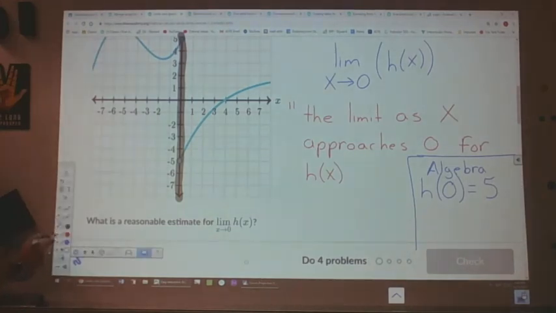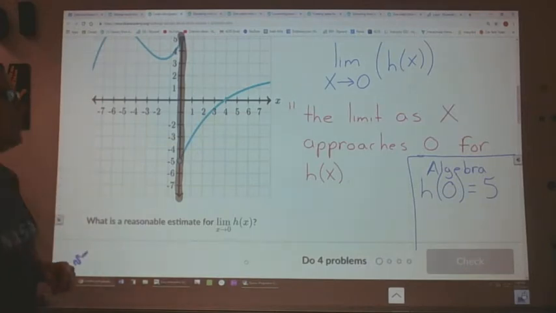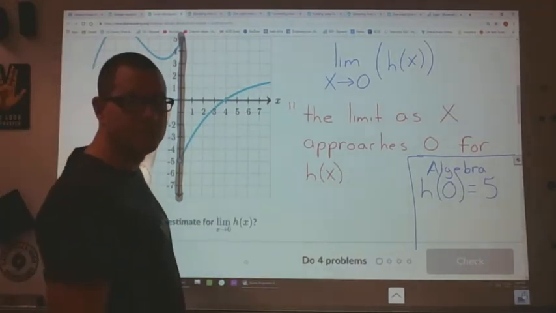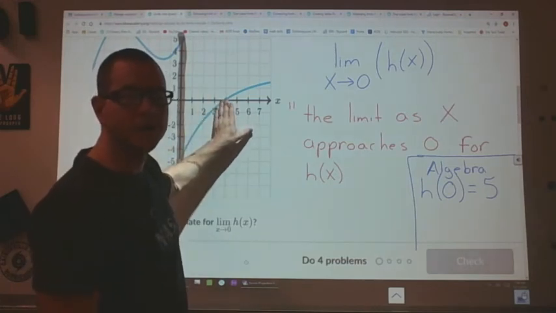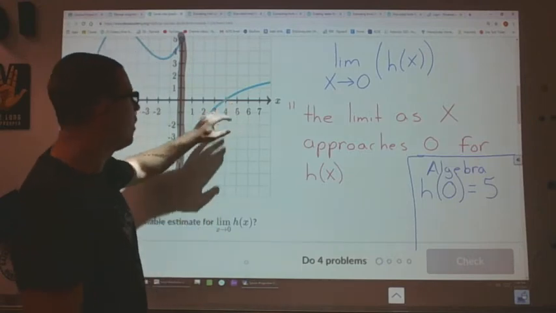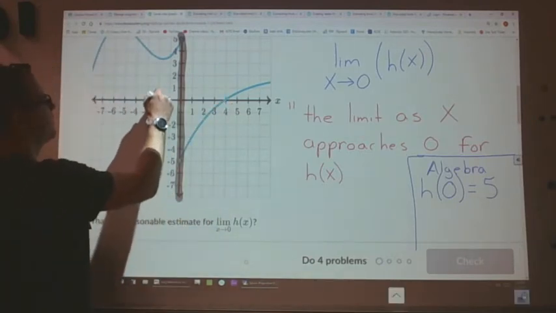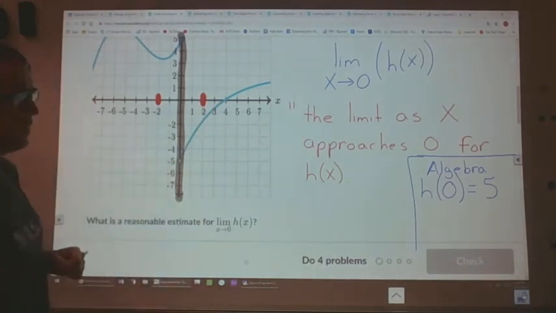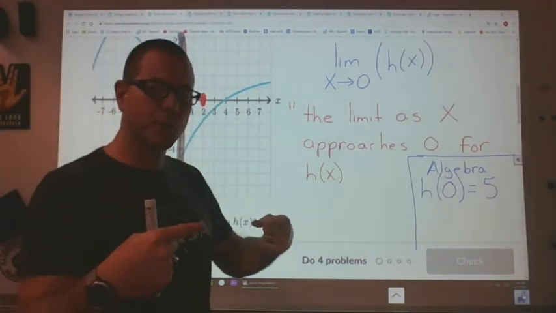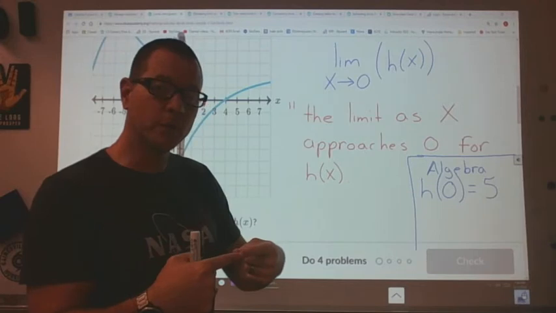So now, I want to look a little bit to the left and a little bit to the right of the value 0 on the x-axis. So I'm going to start here and here, and I'm going to work my way towards 0.